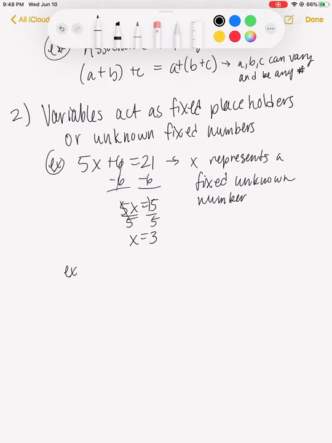Another example where we have 3x plus 5 is equal to 6x plus 7. X represents a fixed unknown number here as well. So x doesn't vary.